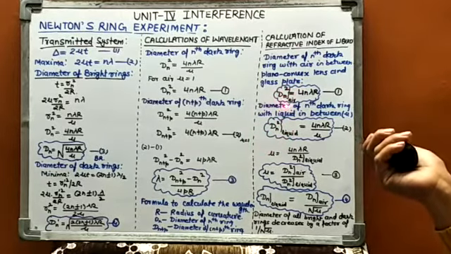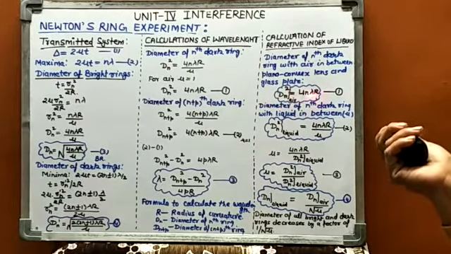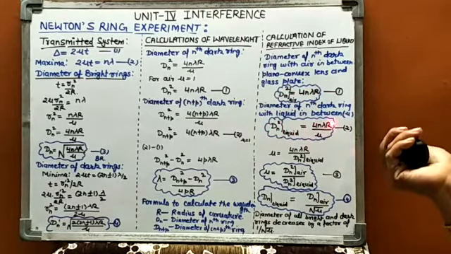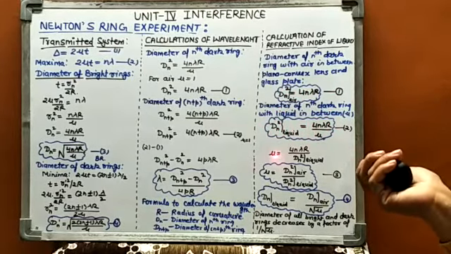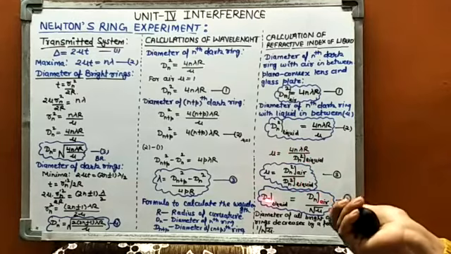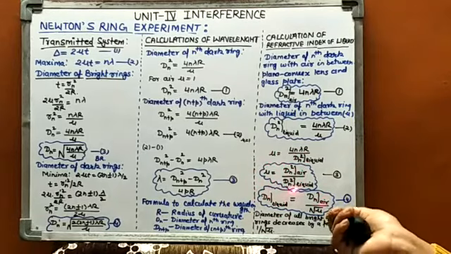If there is air, the diameter of the nth dark ring is given by equation number 1, and if there is liquid, the diameter is given by equation number 2. Solving for mu, mu is Dn square for air upon Dn square for liquid. Using this simple expression, you can find the refractive index of an unknown liquid.